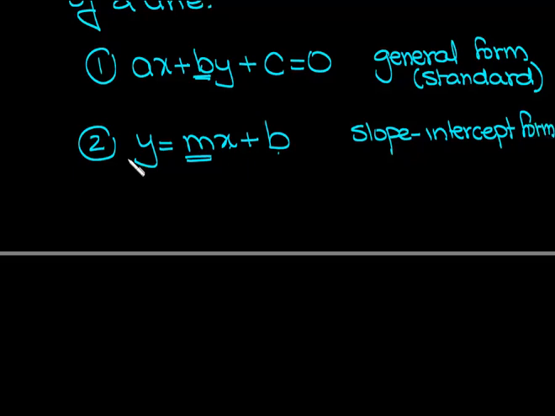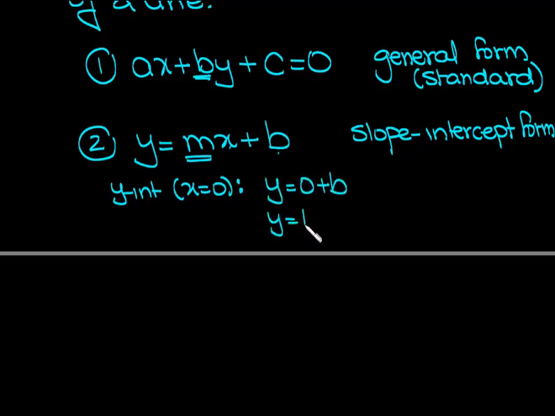Let's take a look at why that is. If I wanted to find the y-intercept from the last section, how do I find the y-intercept? We said set x to 0. So if you set x to 0, what do we get here? We get y is equal to 0 plus b, so y is equal to b. So you can clearly see this b happens to be the y-coordinate of the y-intercept. So here's my y-intercept.